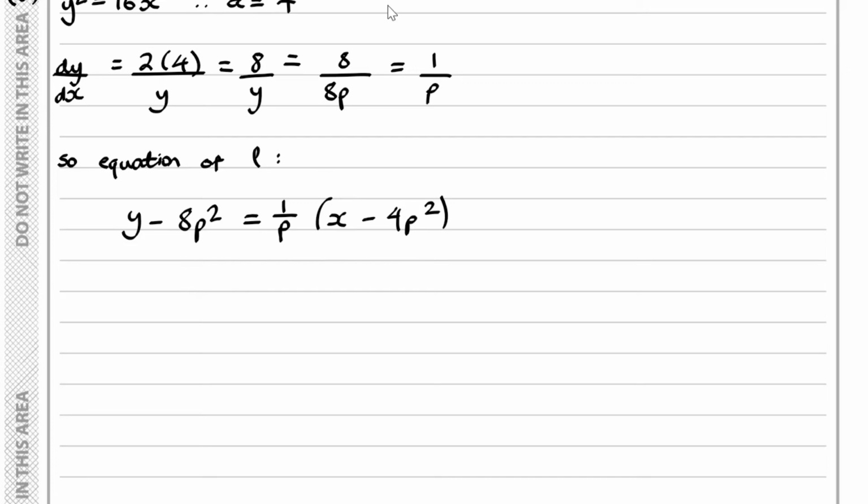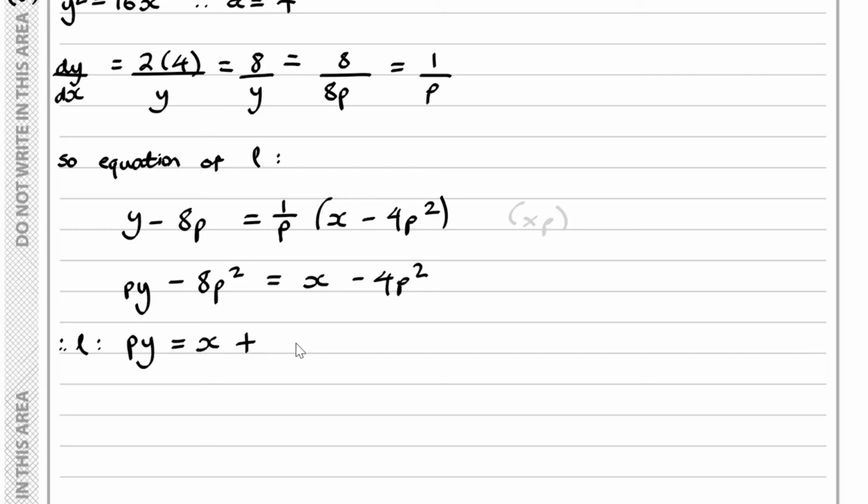Multiplying through by p, we have py minus 8p squared equals x minus 4p squared. In conclusion, the line L is py equals x plus 4p squared.